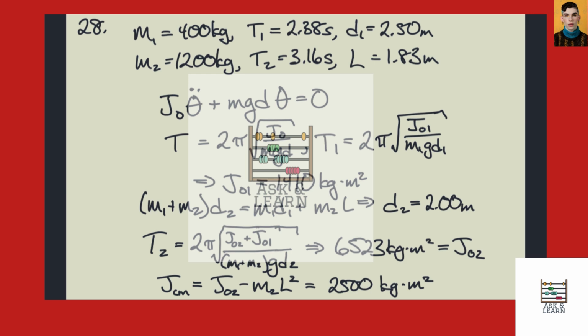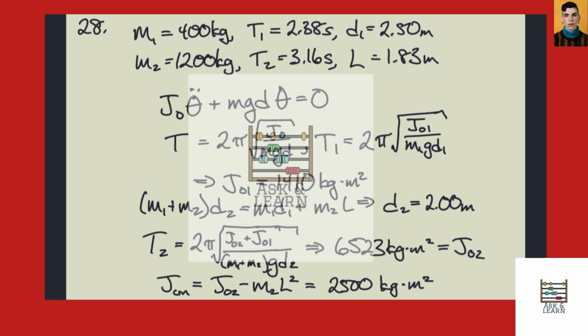Problem 28. Why did I not write that down? Yeah, I think it is J naught 2, and not the total.